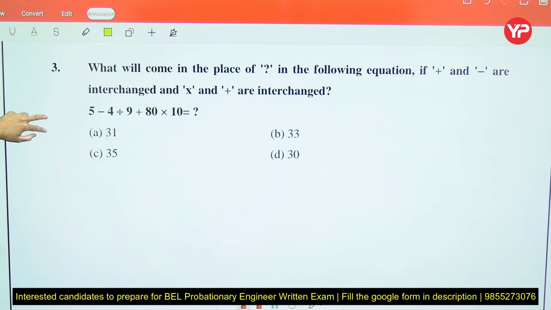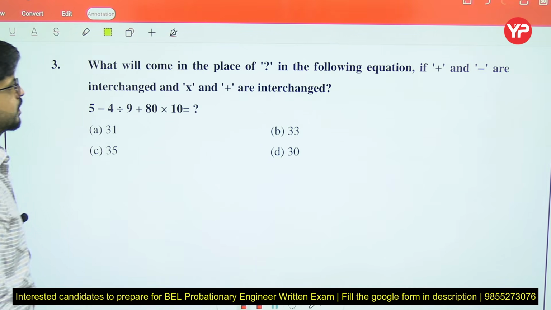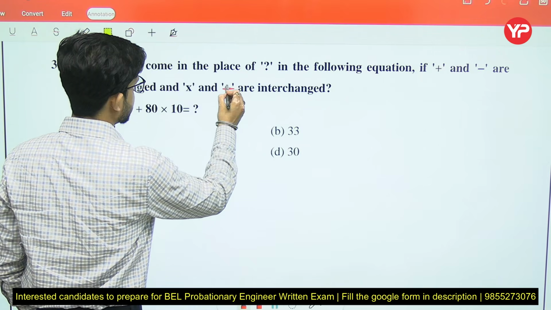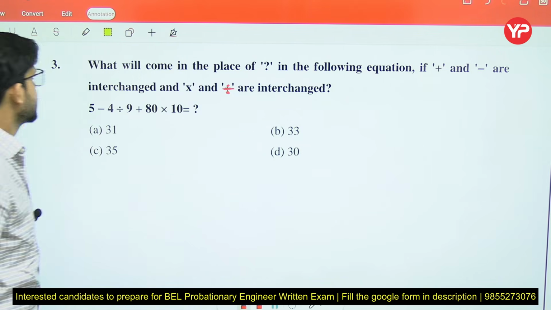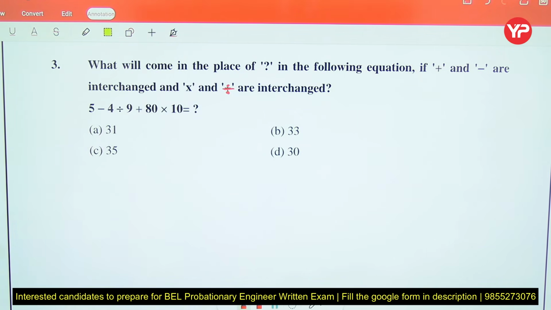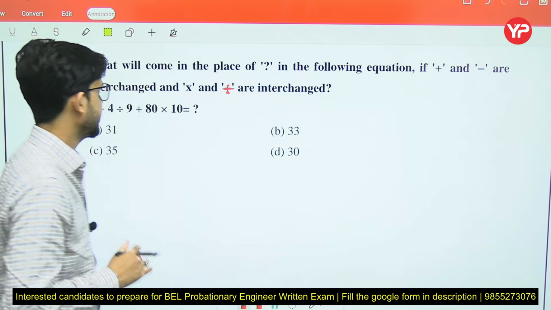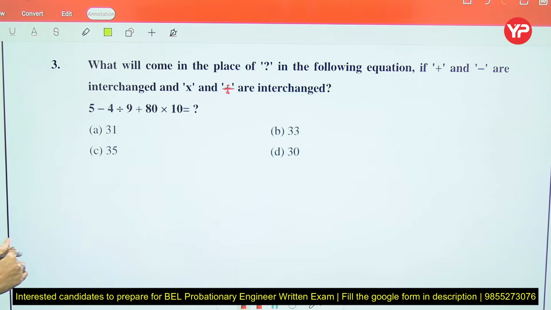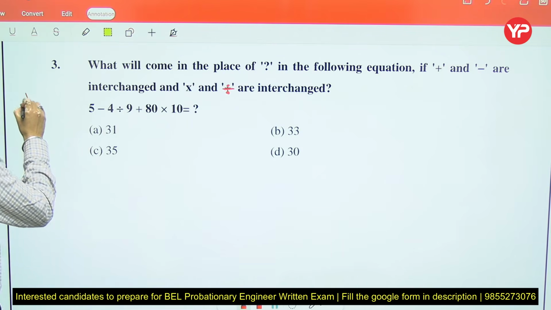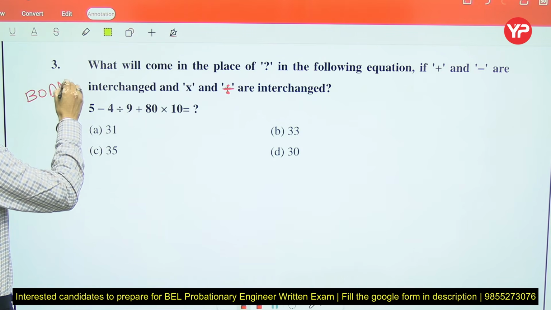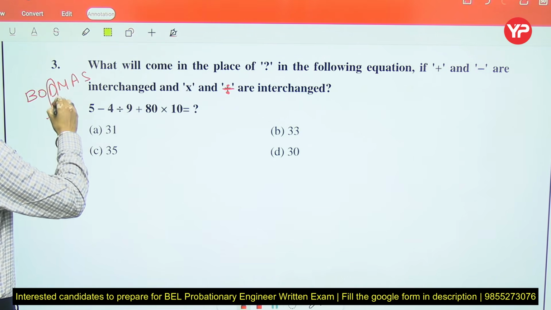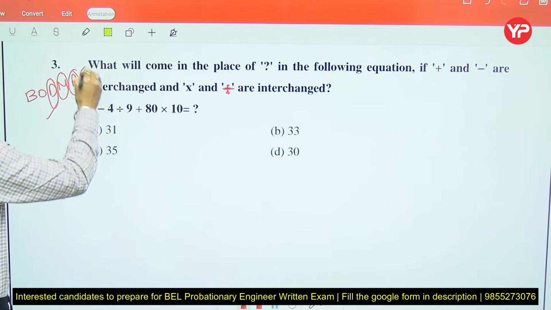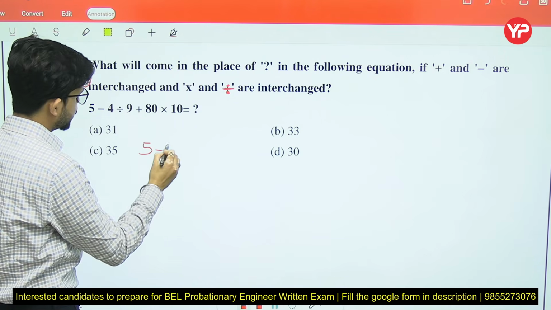The third question is interchange. Here it is not plus, it is divide. What will come in the place of the question mark in the following equation if plus and minus are interchanged and multiply and divide are interchanged? This question is related to BODMAS. In BODMAS, first of all we have to divide, then multiply, then add, then subtract.